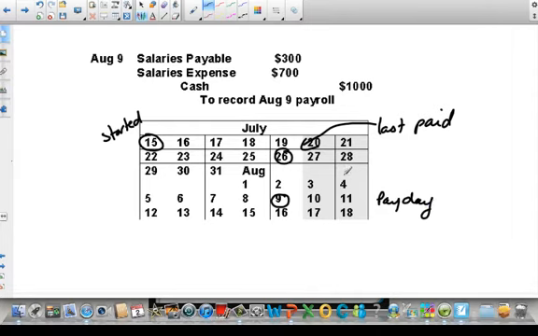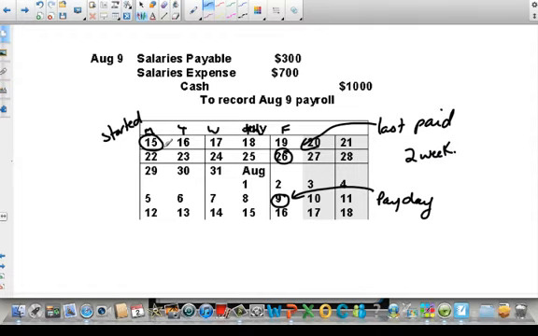So if you look at this then, you will see, let's put the days on here. Monday, Tuesday, Wednesday, Thursday, Friday. And assume this employee does not work on weekends. So that's 2 weeks between paydays.